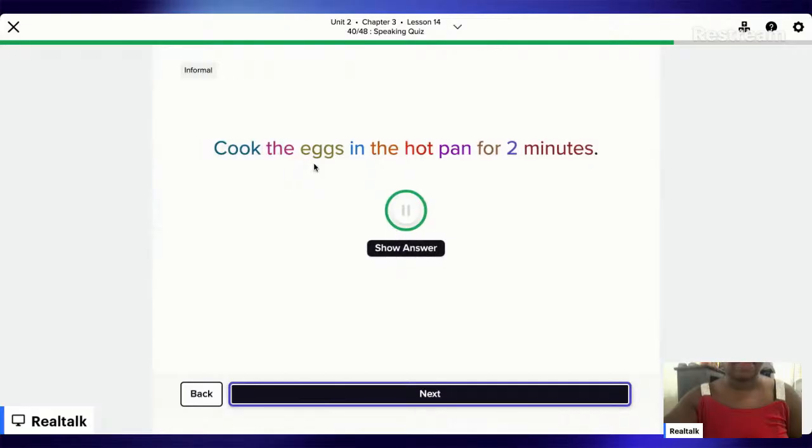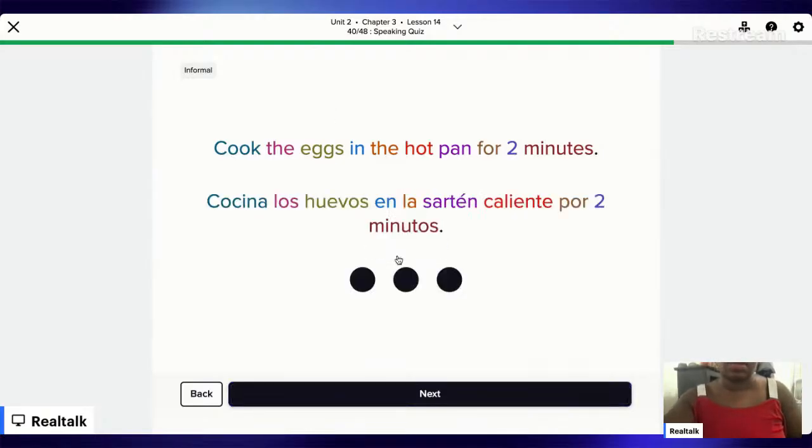Let's see if you remember the informal way to say, cook the eggs in the hot pan for 2 minutes. Cocina los huevos en el, I forgot it again. Cocina los huevos en la sartén caliente por 2 minutos.